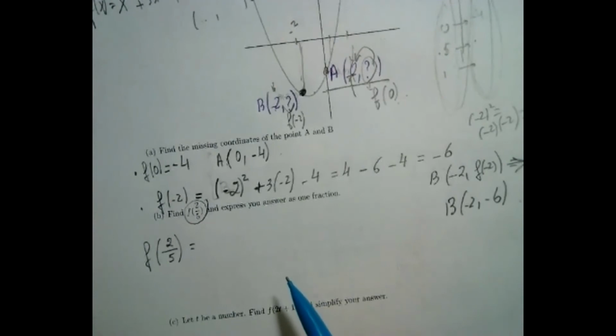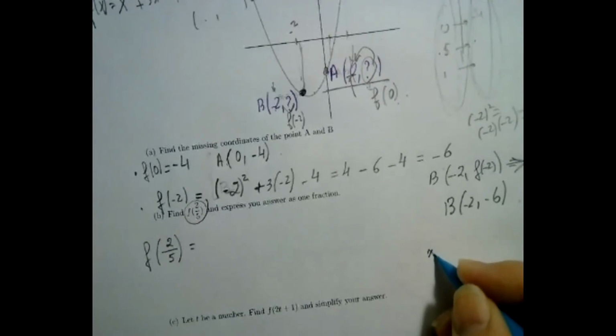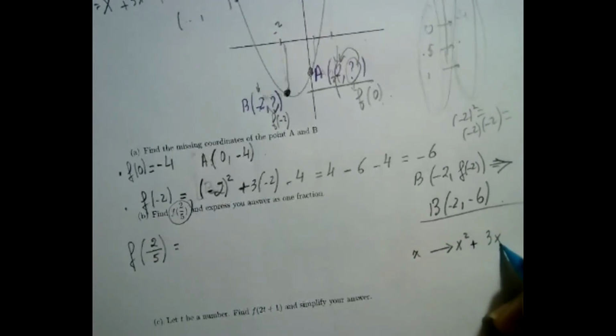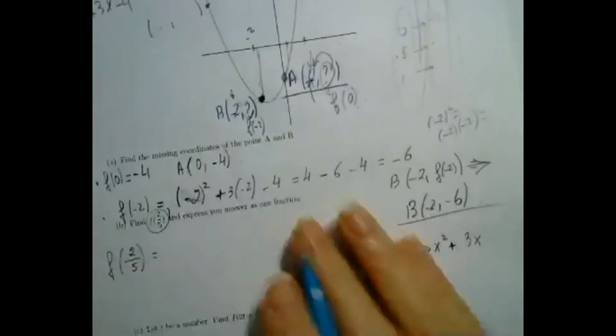I'm not really sure. Okay, what does F do? It takes an input, it sends it to where? X squared plus 3x minus 4.